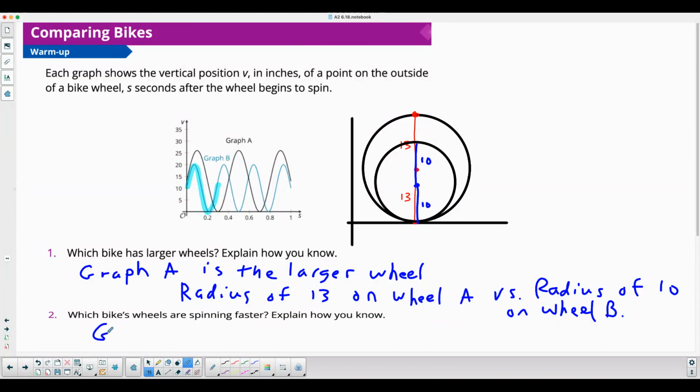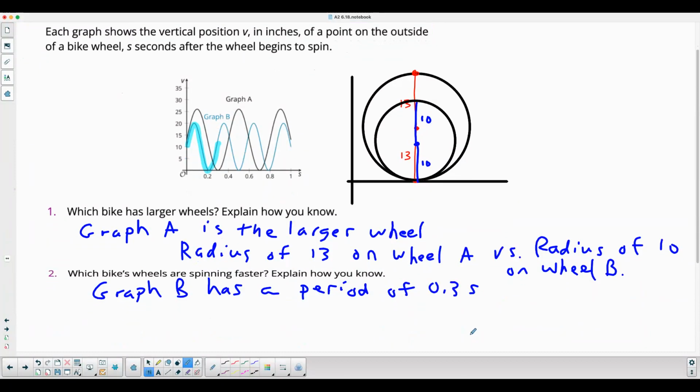So graph B has a period of 0.3 seconds, whereas graph A, we'll take a look at the period length on graph A. Graph A has a period length of about 0.4.